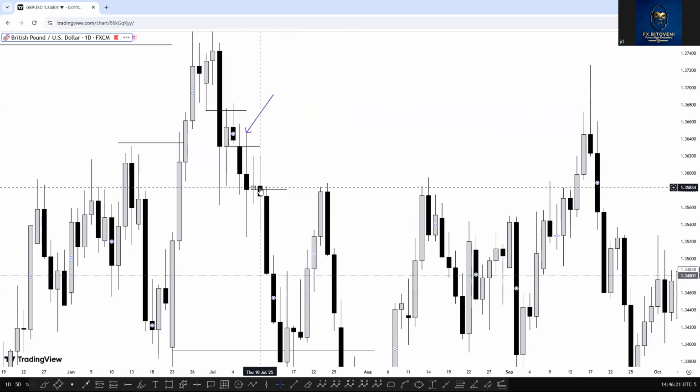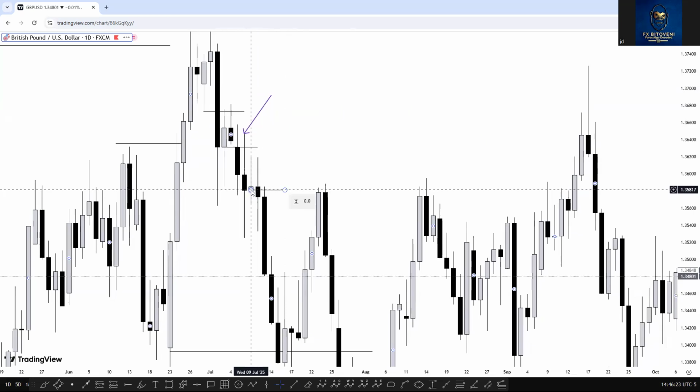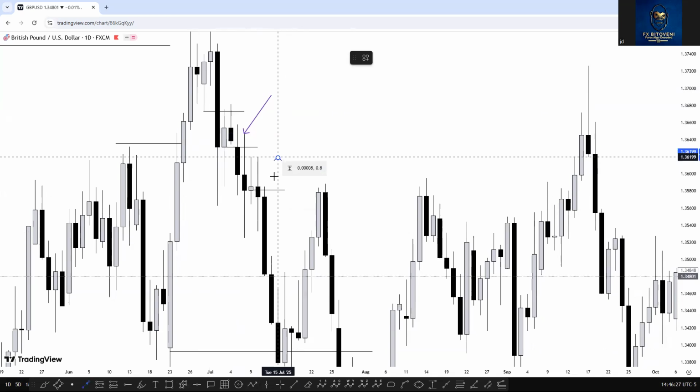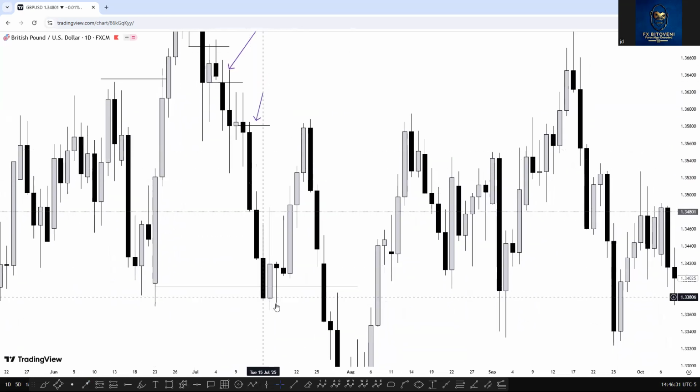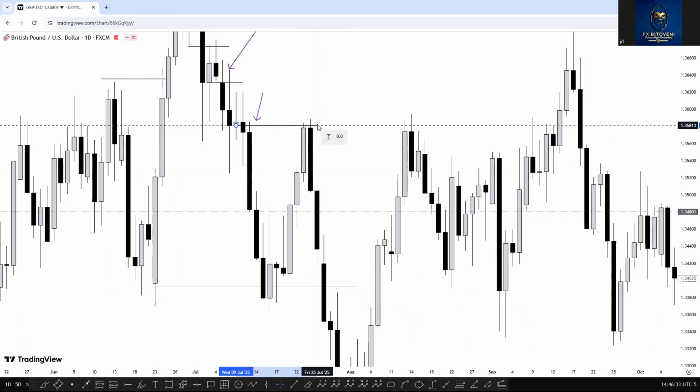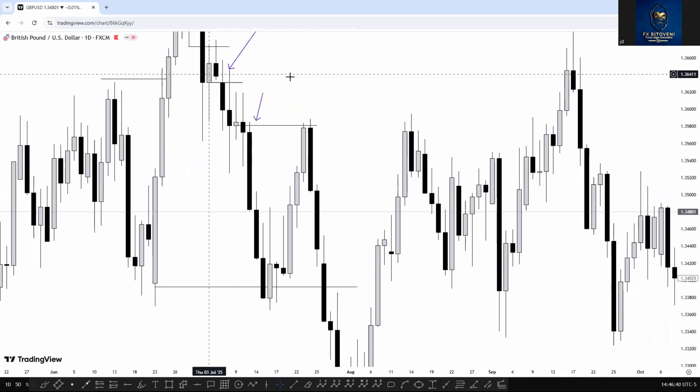So you mark from the open right here. So this is your test, right? Price comes back and tests it again, but this time this is your key level you have on a daily time frame.